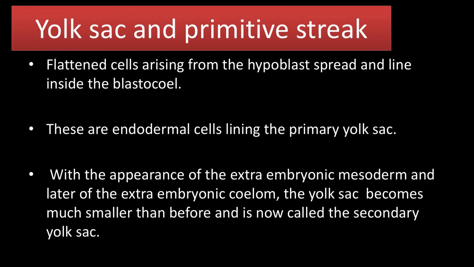Now, the flattened cells arising from the hypoblast will spread and line the inside of the blastocele. These are endodermal cells lining the primary yolk sac. With the appearance of the extraembryonic mesoderm and later of the extraembryonic coelom, the yolk sac becomes much smaller, and now it is called the secondary yolk sac.